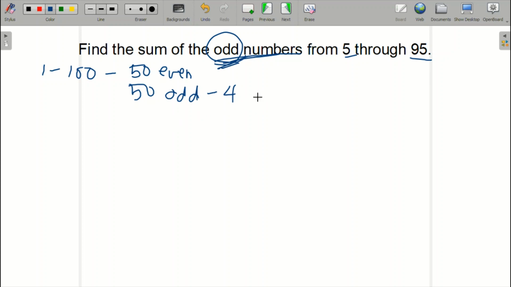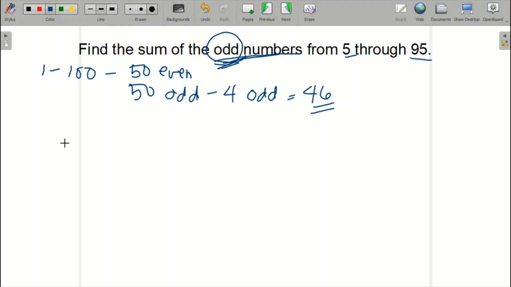So 50 odd minus 4 odd is equal to 46. Now we have 46 odd numbers here. We're going to use these 46 odd numbers to get the pairs of numbers later.